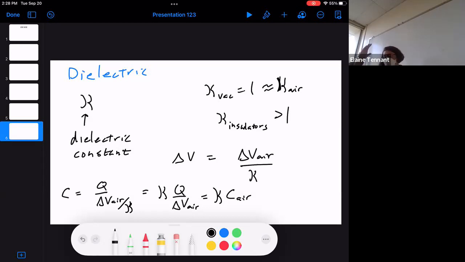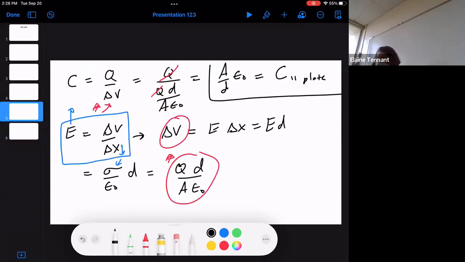Okay, so basically by putting a dielectric in between your plates, you increase your capacitance by a factor of kappa. And that kappa is just the kappa of rubber or the kappa of wood or something like that. Which means if you have this, you can also go ahead and throw just a kappa in front of that for whatever dielectric you're going to put in it.